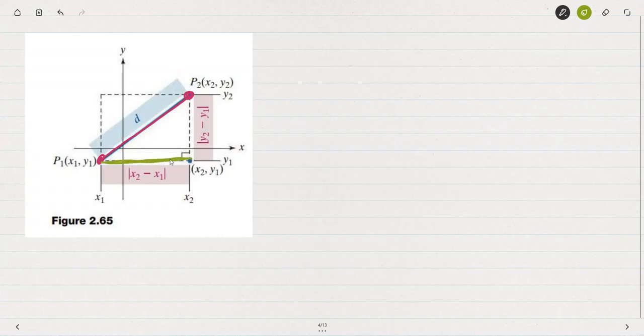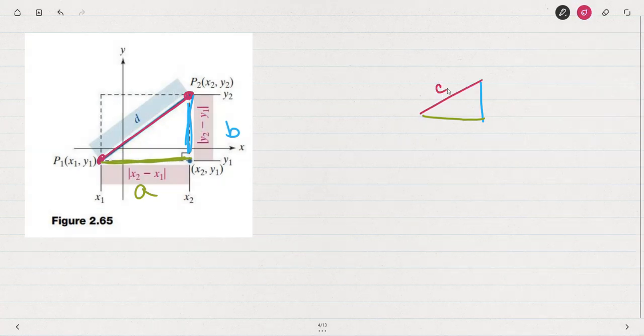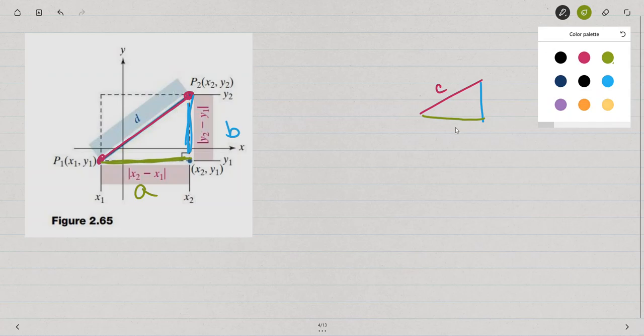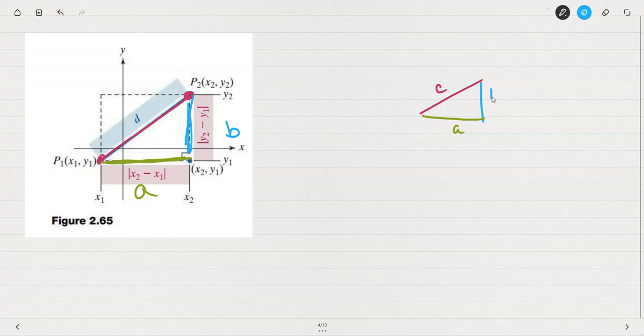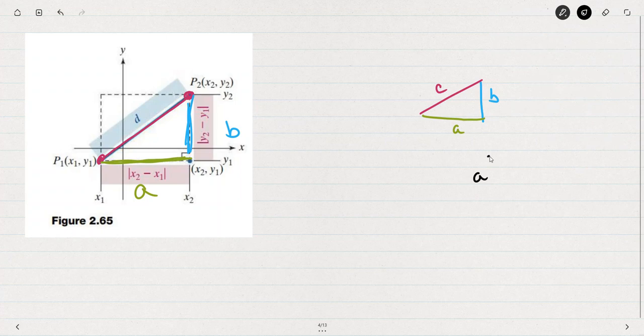If we call the length of this green line A, just the difference between the two x's, and let's call this blue line B, because we're set up on a right triangle, I'm going to guess you can recall the formula you could use to find that length C. Do you remember that? A squared plus B squared is equivalent to C squared.